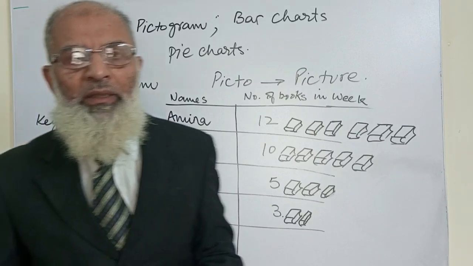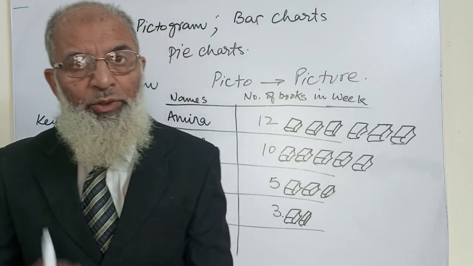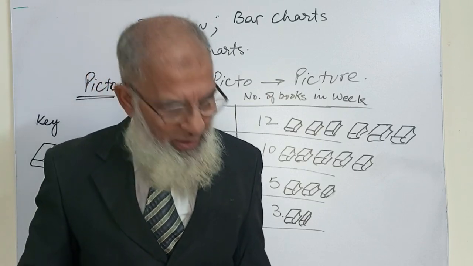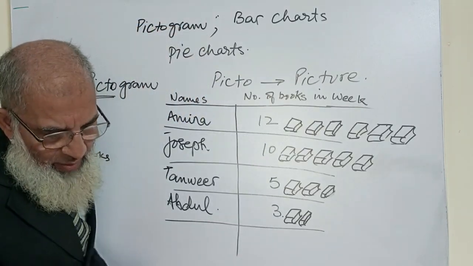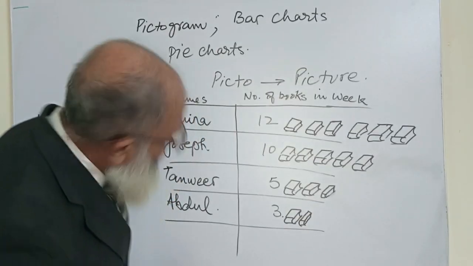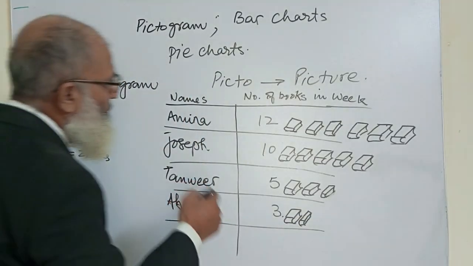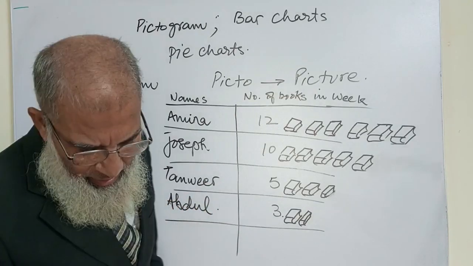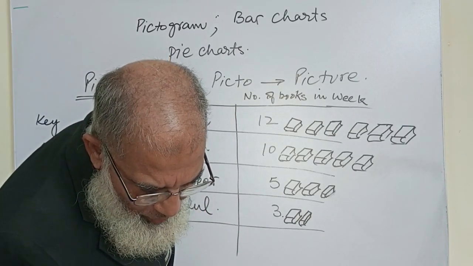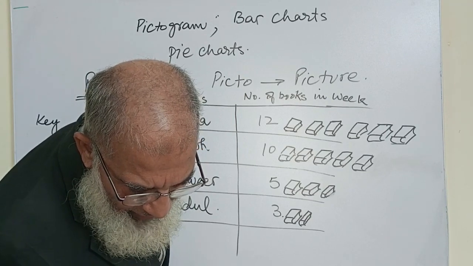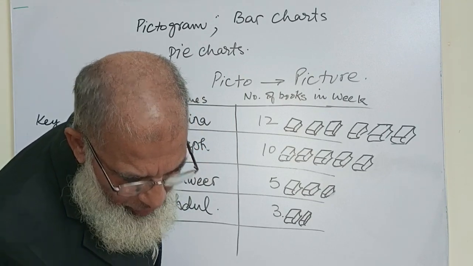For example, watches. As I told you, in games we use gold medals, and similarly, we can use watches also. So there is another example. This picture shows the amount of time that five friends spent talking on their phones during 1 week.